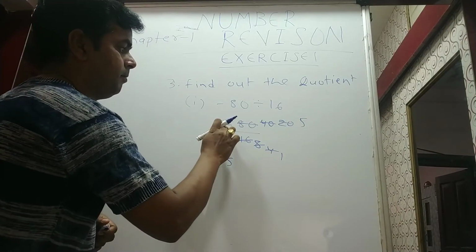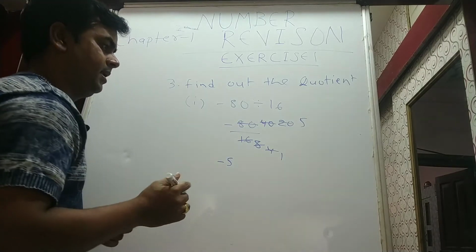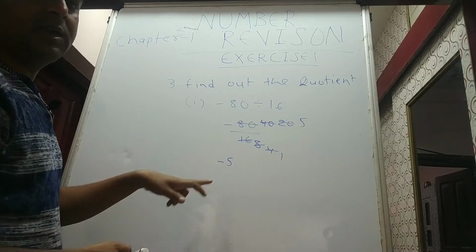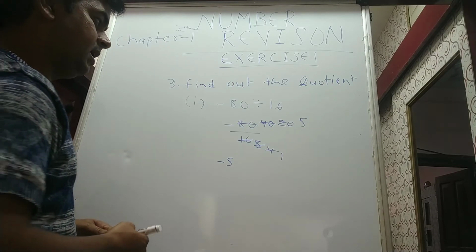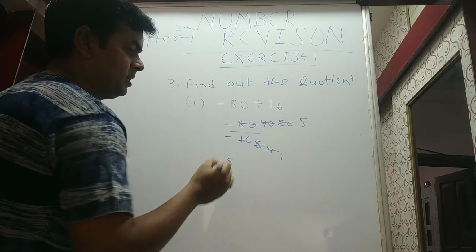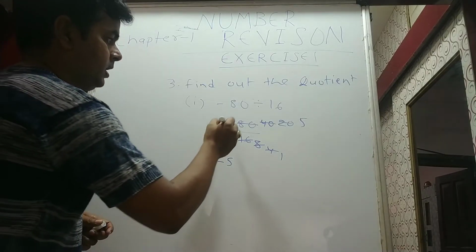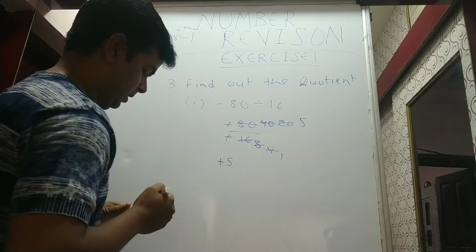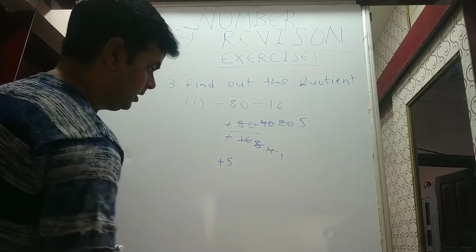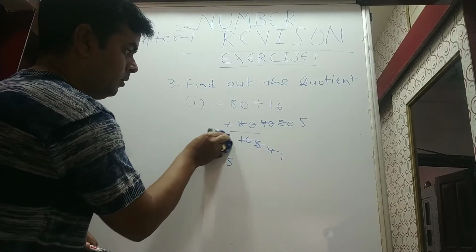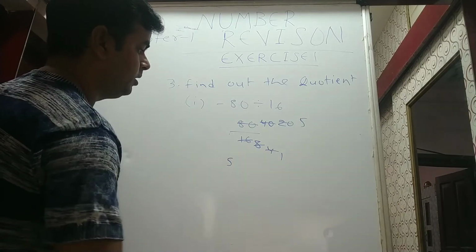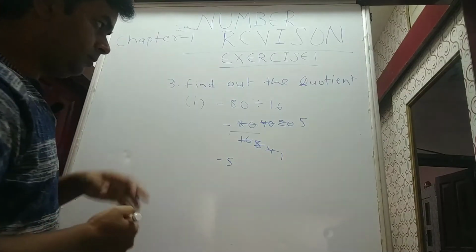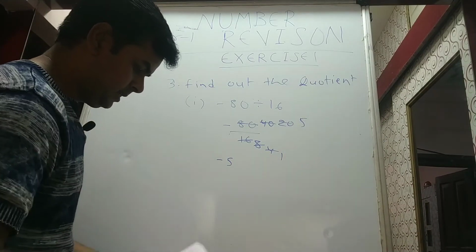As we have a minus sign here, put a minus. So our answer will be minus 5. What if this is also minus? Both will be cancelled and our answer will be plus. Understood? Do not worry, we will do more questions, so this will be very clear to you. Note this down.